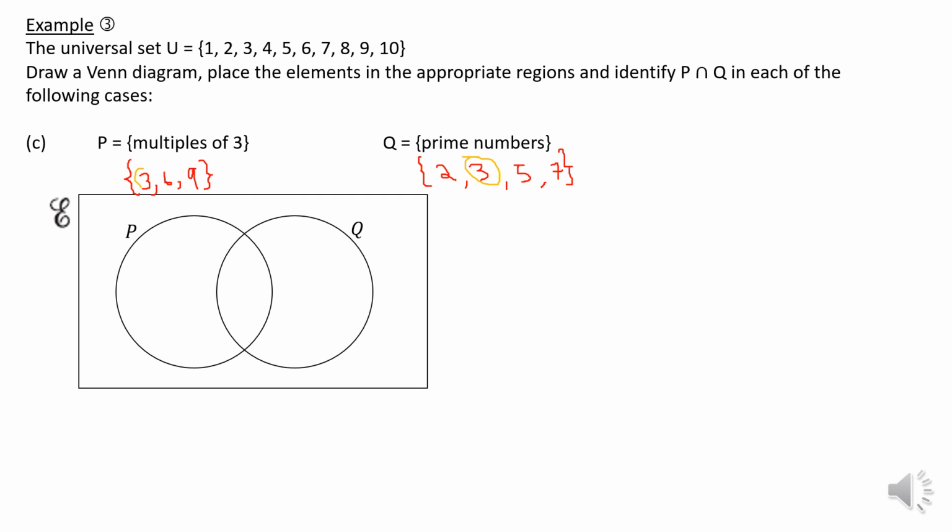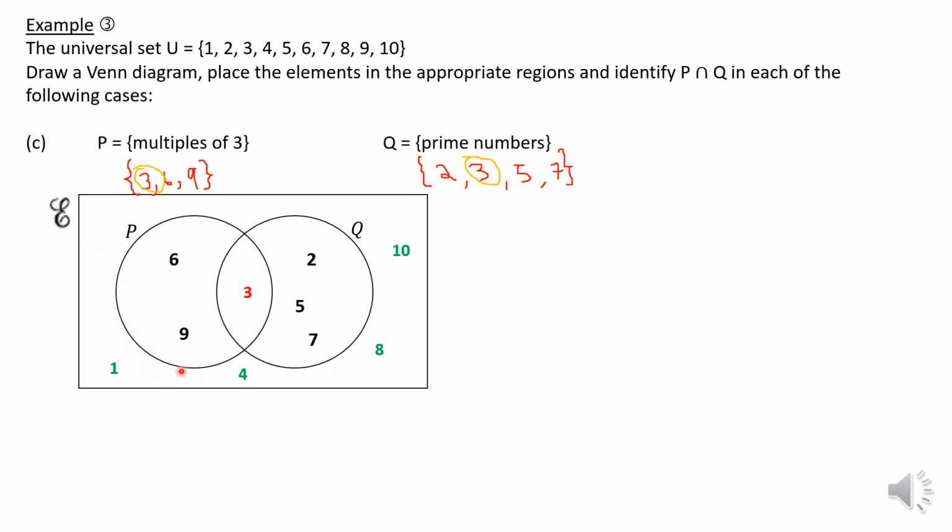And that 3 is going to be the overlap, as you can see, where the two sets are intersecting with each other. Now we're going to put everything else in the multiples of 3 into P, 6 and a 9. And all the other prime numbers are now also going to be added to make up for the whole of set Q. So whatever is not there comes on the outside of the circles inside the rectangle.